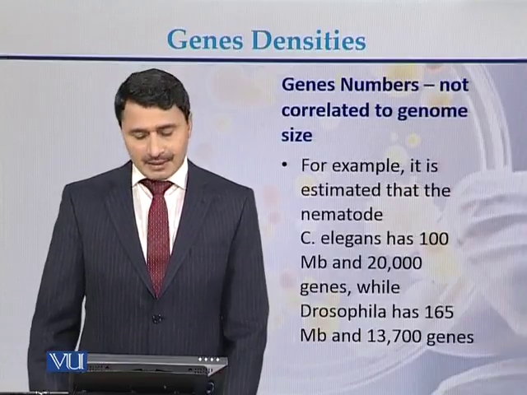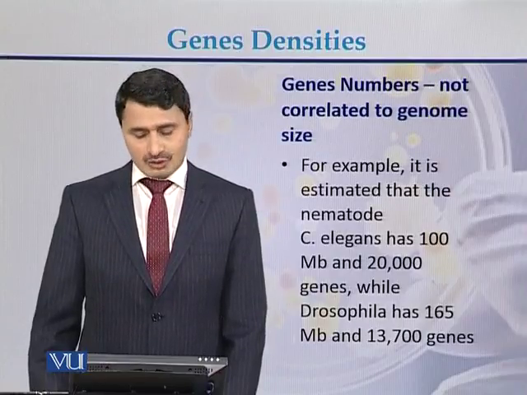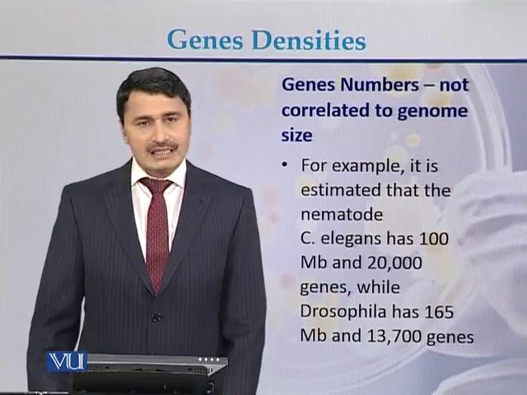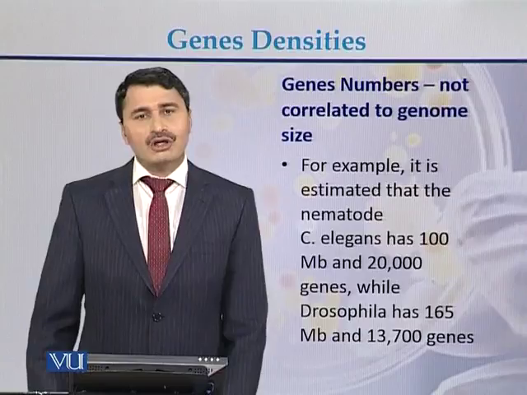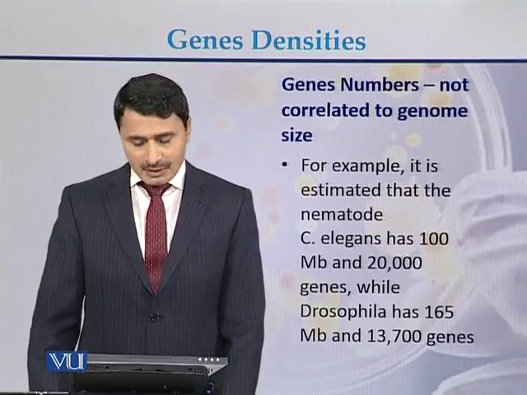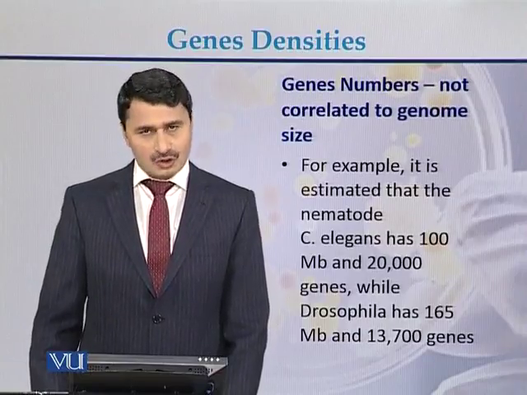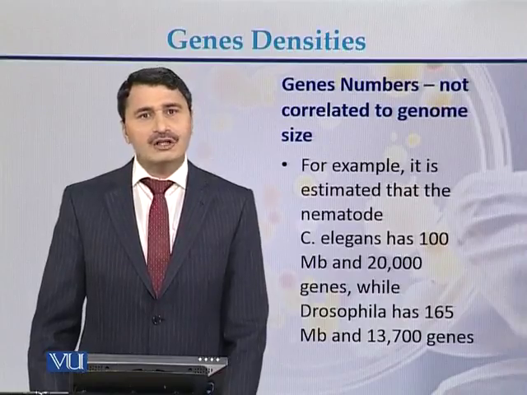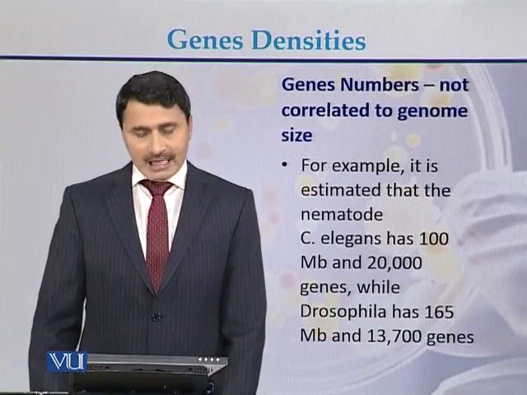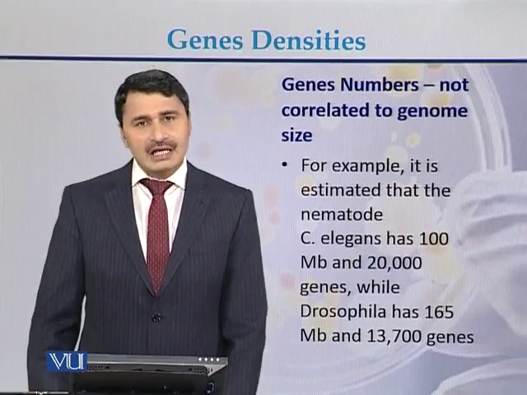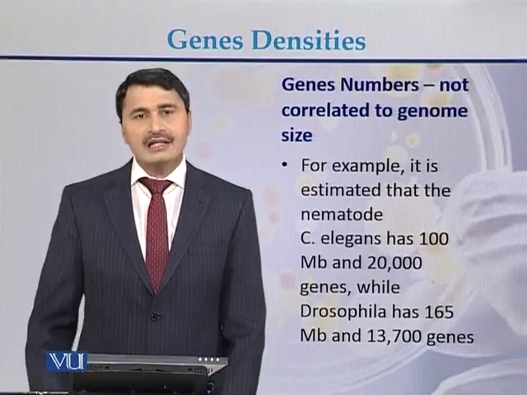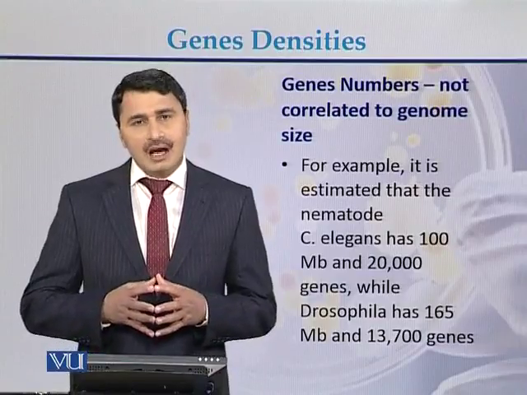Although, the gene number is not correlated to the genome size. An example of this can be C. elegans and Drosophila, because both are eukaryotes. C. elegans, which is also called a nematode, has 100 MB of DNA and there are 20,000 genes.